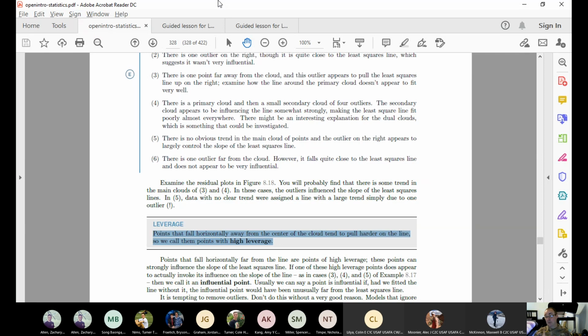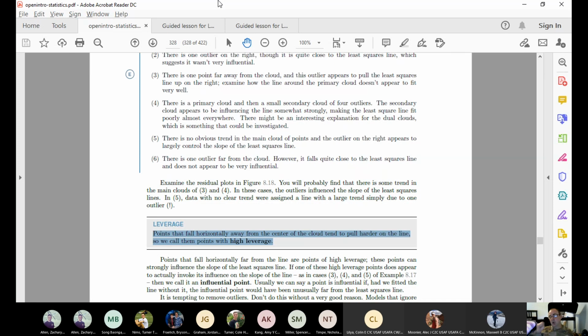Now, leverage is different from influence, because if I have a point that is far away from everything on the x-axis, but it falls exactly where a line drawn just through the other points would be, it has a lot of leverage, meaning it has a lot of potential, but it does not have as much influence, because it has the ability, but it is not actually influencing the line.